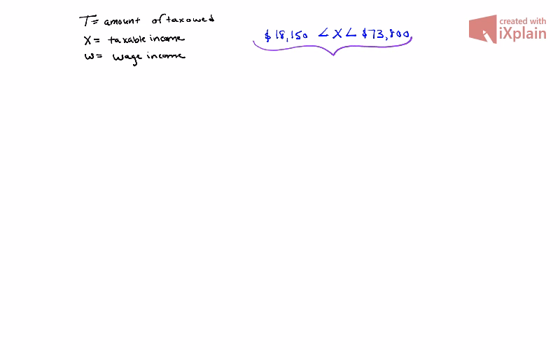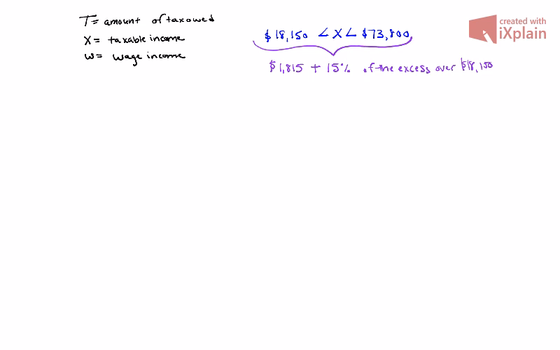If our value is between these two dollar amounts that I have written in blue, we know that we have to pay $1,815 straight away. This is a flat fee that we must pay. Plus, we have to do 15% of the excess over $18,150.